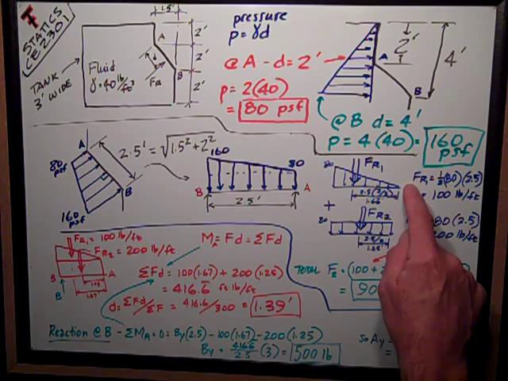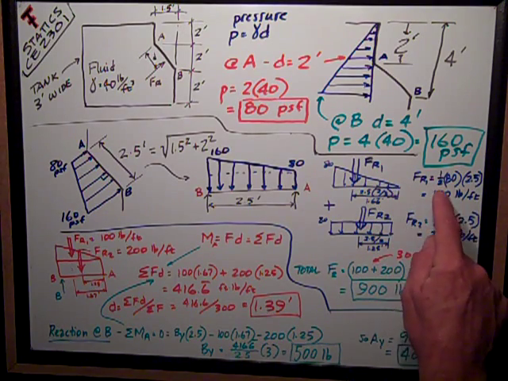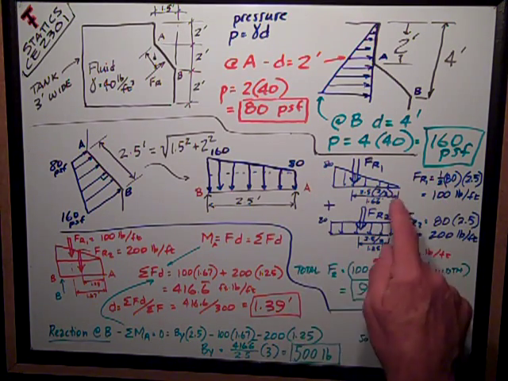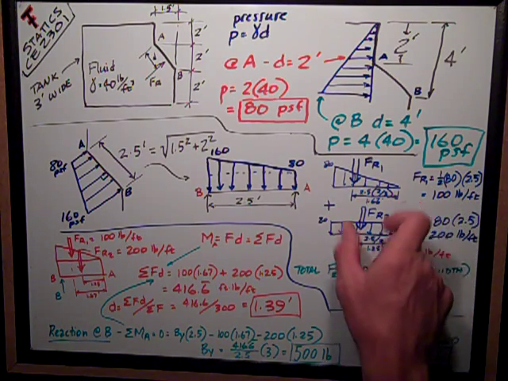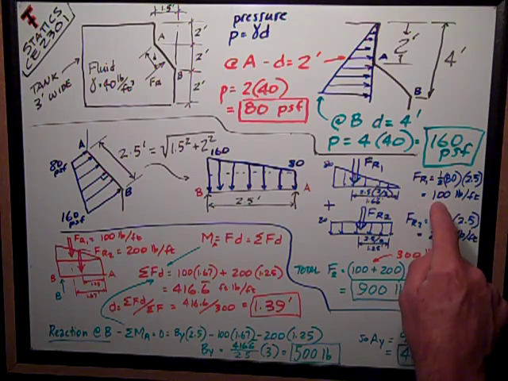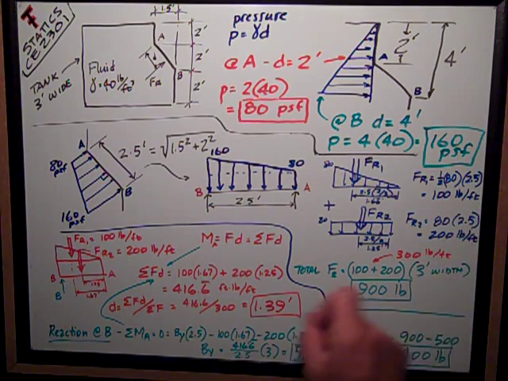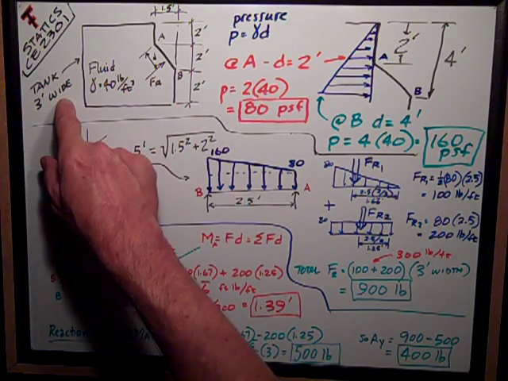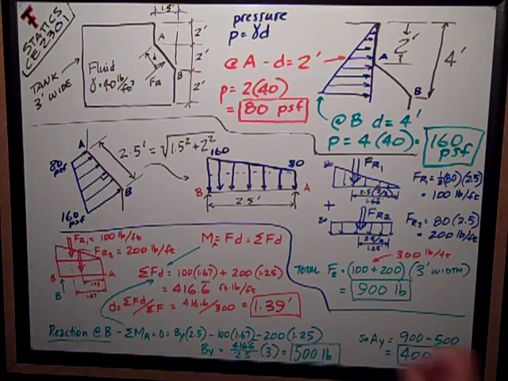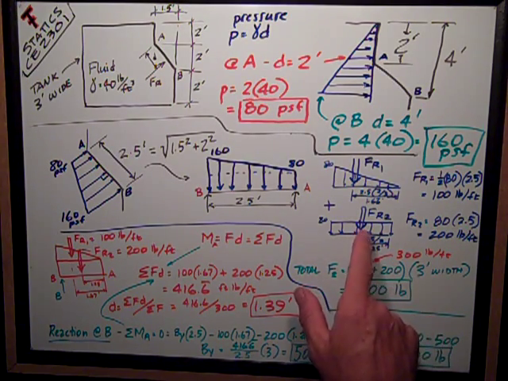So my resultant force, FR1, is the area of that triangle, 1/2 times 80 times 2.5 feet for the base. So it's 100 pounds per foot. I've got to remember I'm working in pounds per foot of width. Eventually I'm going to have to multiply by this 3 foot width to get a resultant force in pounds.